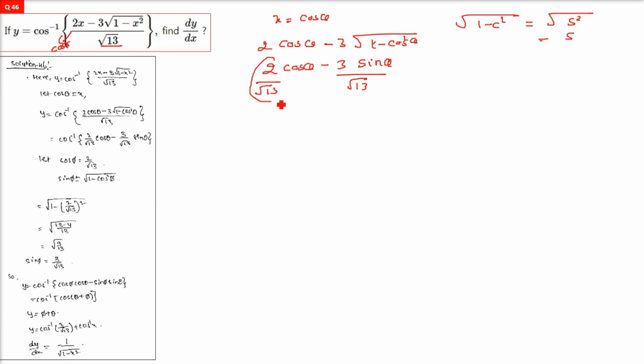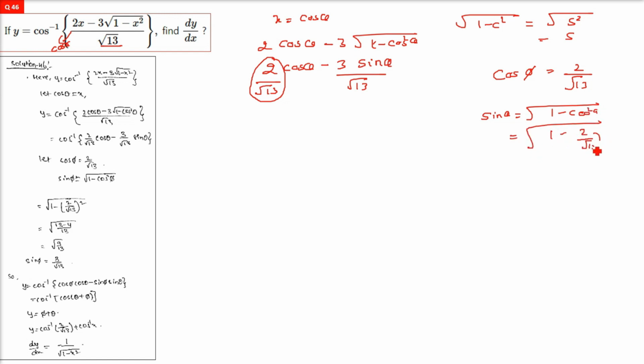Now we can write this as some cos phi, because I know what is going to be sin phi. I'll just show you. Cos phi, cos beta, theta, whatever you want to write. Cos phi we have taken as 2 by under root 13. What is going to be sin phi? Sin phi is under root 1 minus cos square phi.